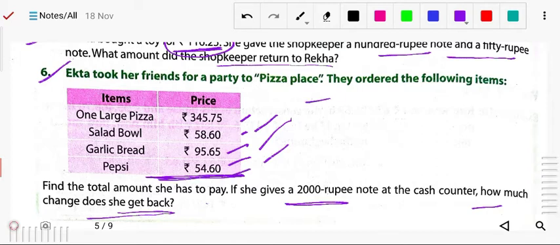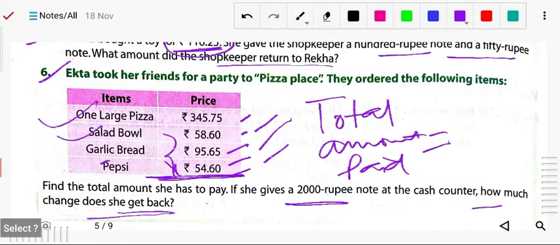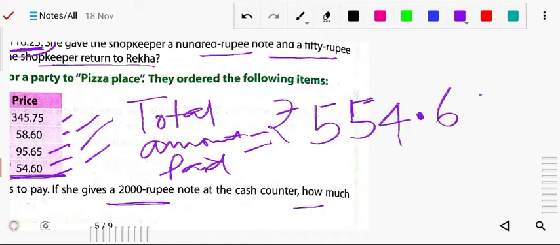So the total amount paid will be... you can add all this. You have to write the same values in your copy and add them. Okay, so when you add all four, you get rupees 554.60.